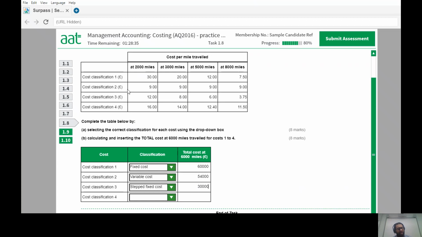Next scenario, 3,000 multiplied by 14 is 42,000. 5,000 multiplied by 12 pounds 40 is 62,000. 8,000 multiplied by 11 pounds 50 is 92,000. If you notice, it is neither a fixed cost nor a variable cost. Why? Because the unit cost is going down, but the total cost is also increasing. Therefore, there is a fixed element and also a variable element. This is going to be my semi-variable cost.